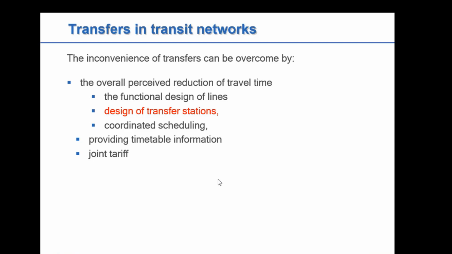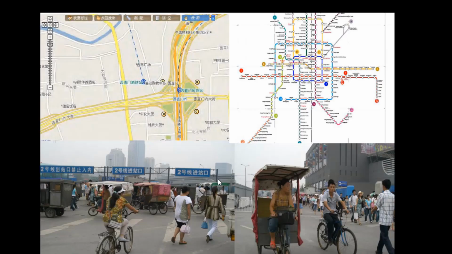The first one should be the location of the transfer station and how we can make it efficient, what is the durability, how much we can rely on that, and how many different types of public transportation can operate from the same line, meaning flexibility, and of course we need to consider the cost and safety as well. A typical example is Beijing, China.